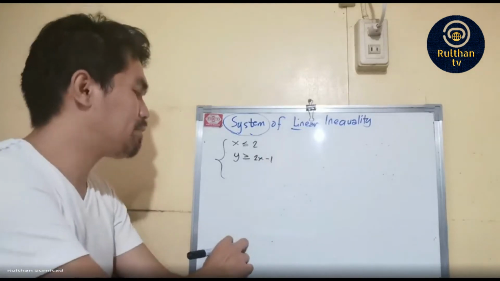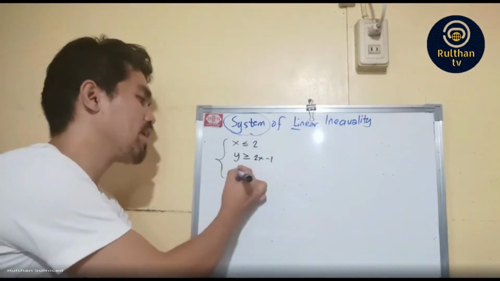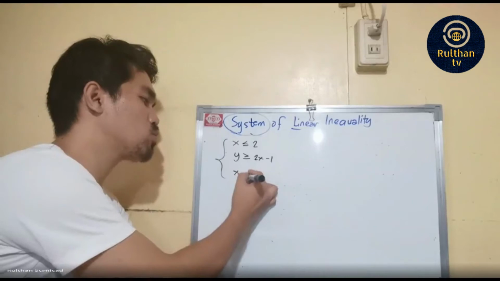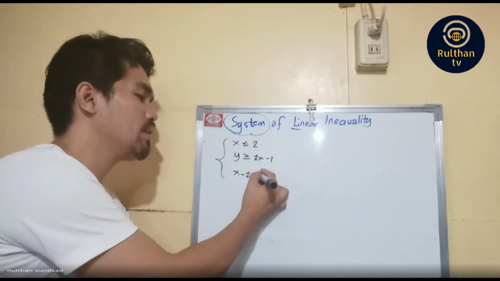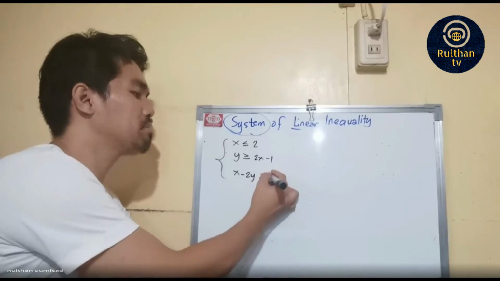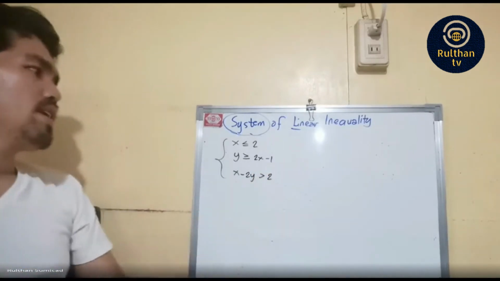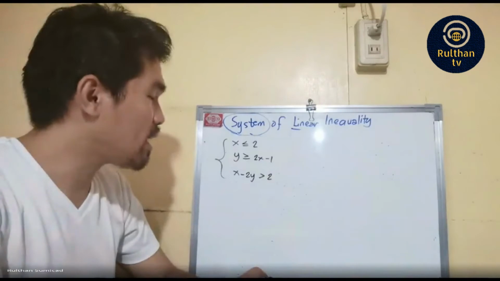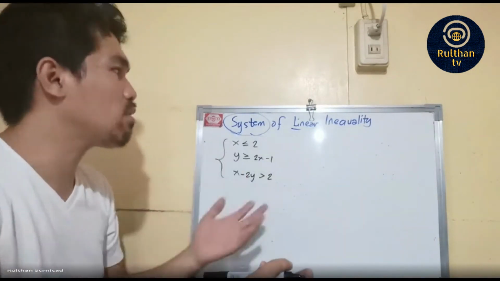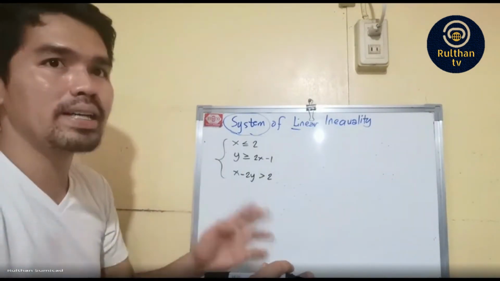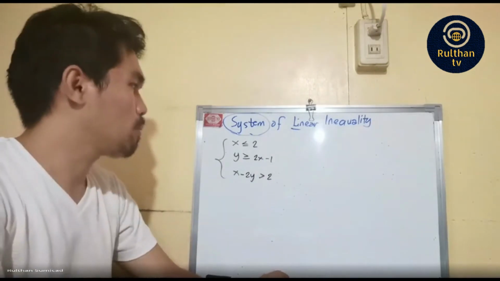And then another one is, let's say, x minus 2y greater than 2, for instance. So I've got here three inequalities considered as a system. So what do we do?